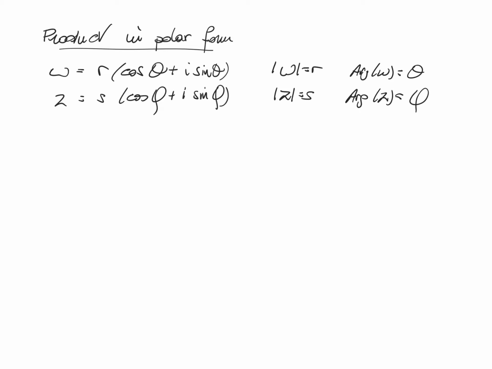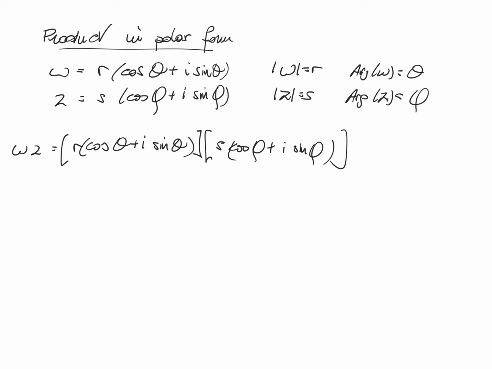We can then calculate the multiplication w times z. So w times z is r times cosine theta plus i sine theta times s times cosine phi plus i sine phi. We take out r and s easily, r times s. And then for the rest we can see this as some a plus ib, and some c plus id, and we will just use the multiplication rule for complex numbers.